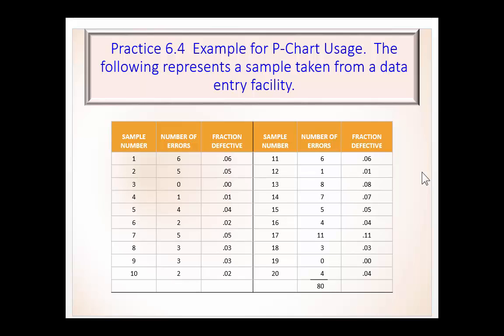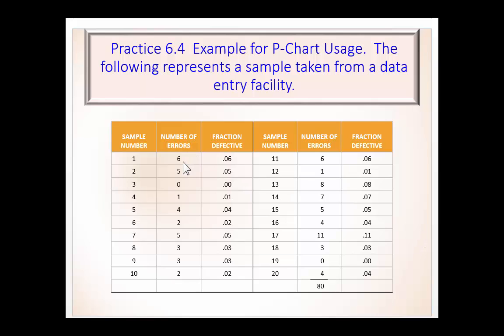What I want to show you here is how to compute P bar. First of all, you have to have the sample numbers. We've got 1 to 10 on this side and 11 to 20 here, because I couldn't list 20 in this format. On your page you'll see that it's listed in a column, but it's the same data.